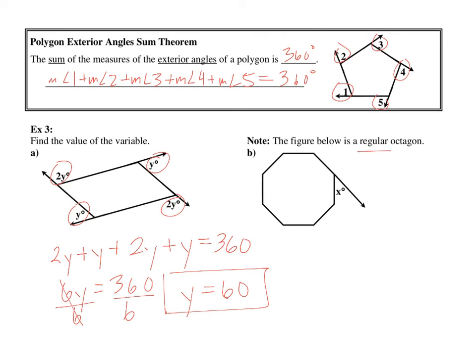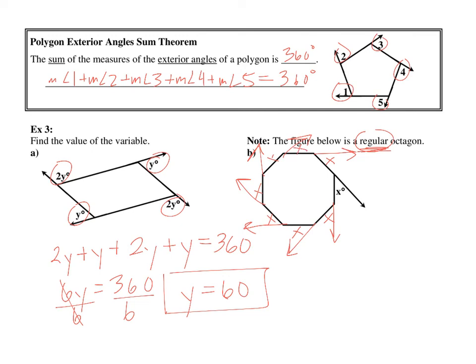All right, for the next one, the figure below is a regular octagon. Since it's regular, I know all the interior angles are the same, and that means all of the exterior angles are the same. So these are all x then. The key word here was regular. That means that all the angles are the same, interior as well as exterior. How many exterior angles do I have here?